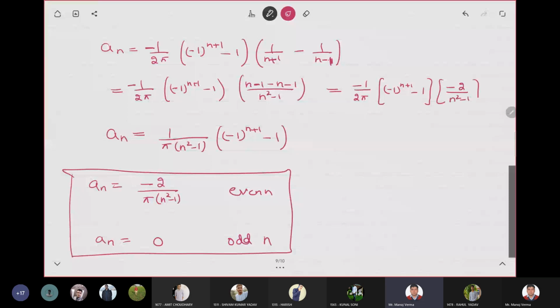So it will again become 1 over pi n square minus 1, minus 1 raised to the power n plus 1 minus 1. Okay, so it is coming the same way.